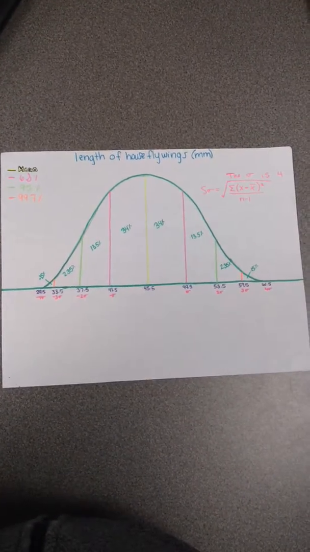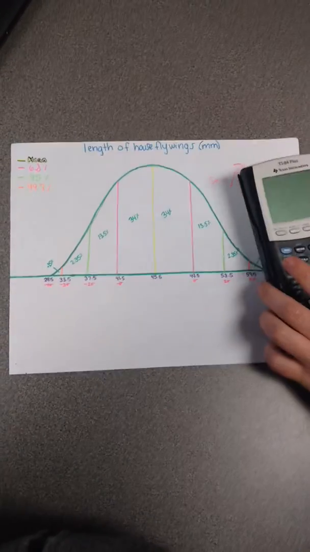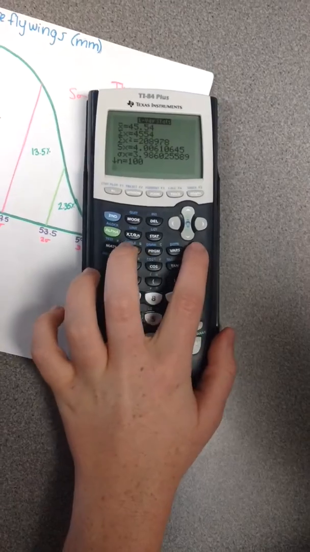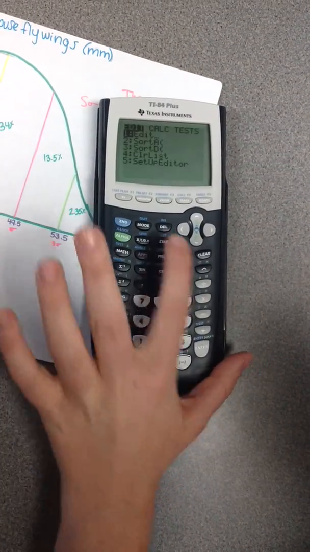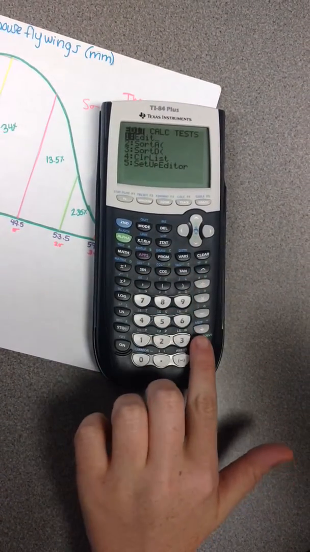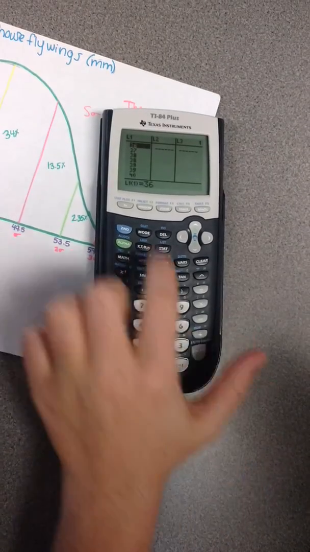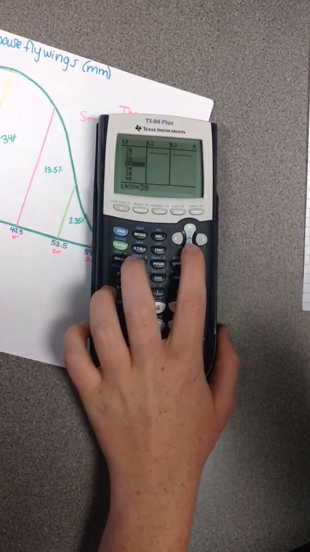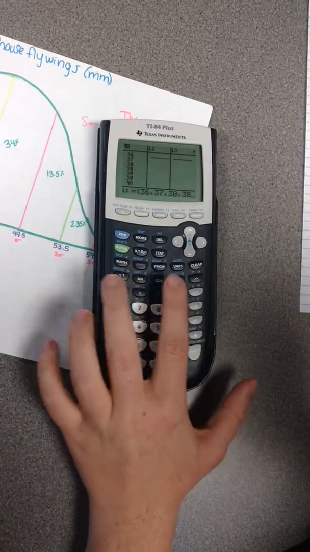The second way is by calculator. So you take your calculator, you turn it on, and you go to Stat, Edit, which should be the first thing to pop up, and you find your list 1, and you put all of your data points in there. And we had 100 data points.